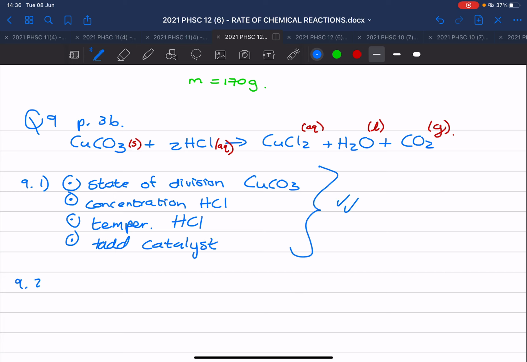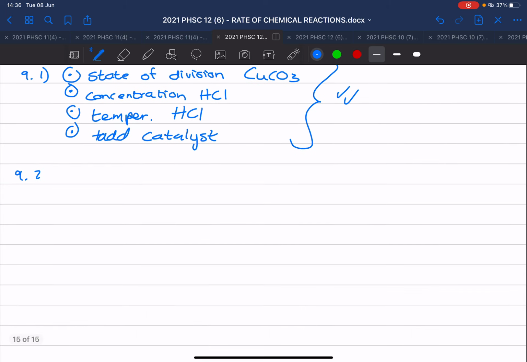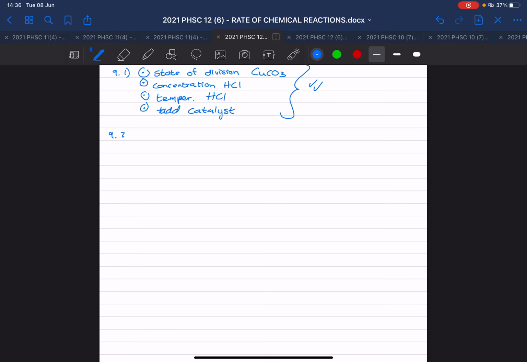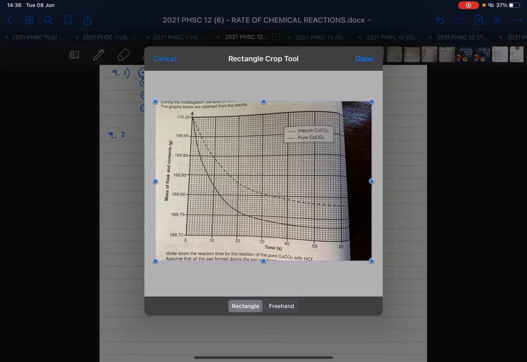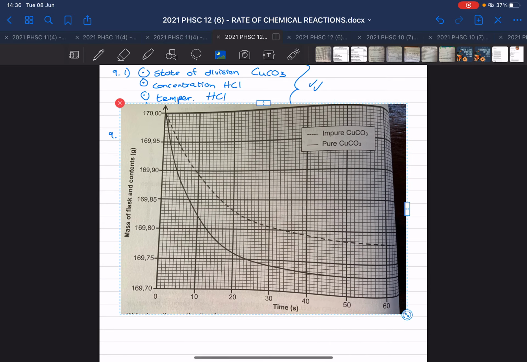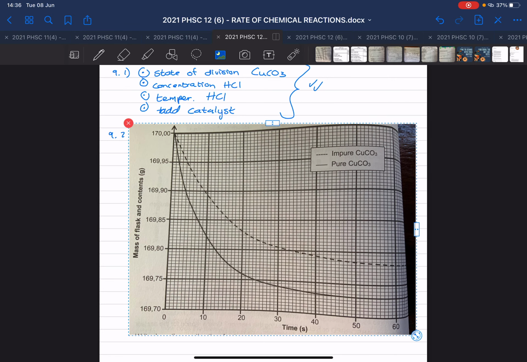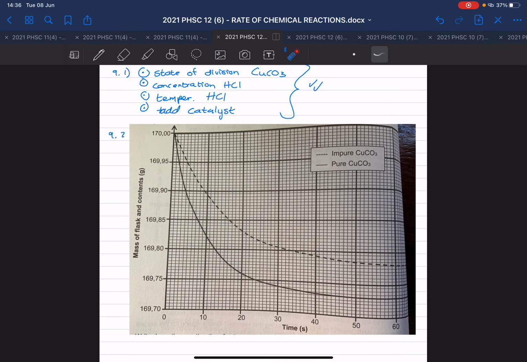Right, then question 9.2. They first give you a graph there. Now, the graph there is quite important, and I'm going to paste it in here. I just want to crop it a bit. Okay, so you must be able to read this graph quite well. Here you can see we have pure and impure. You can see that they both start at 170, and then they end at different levels.